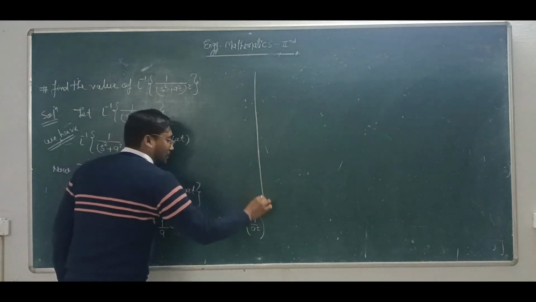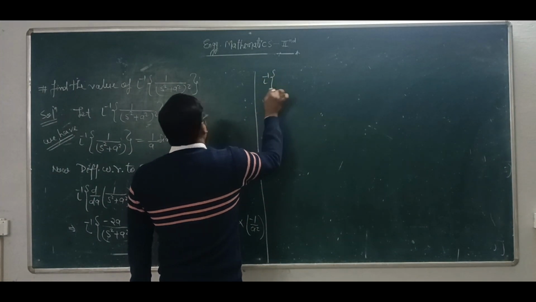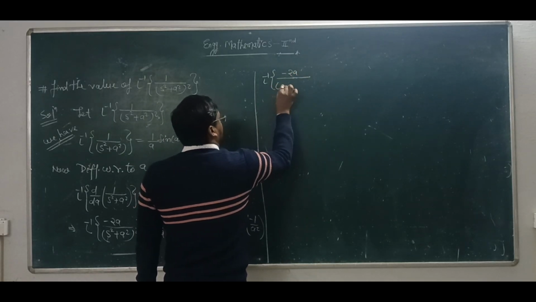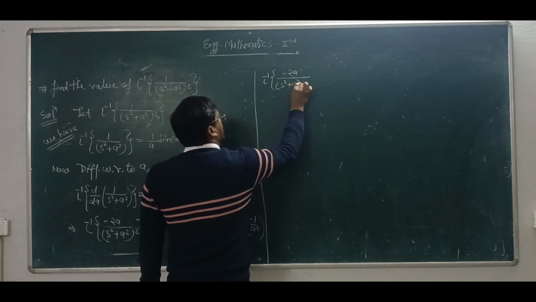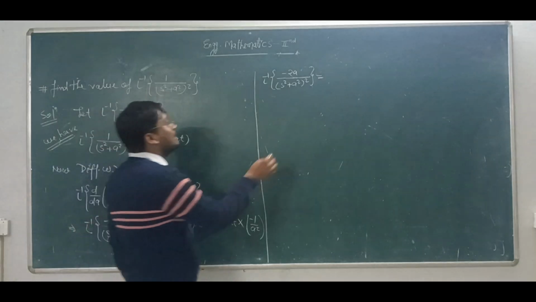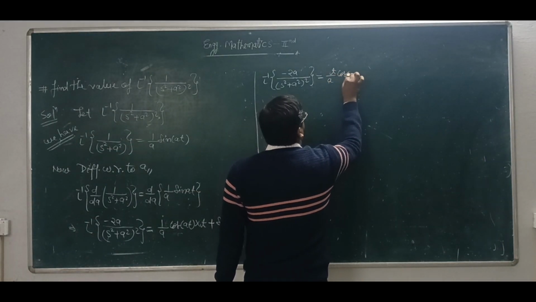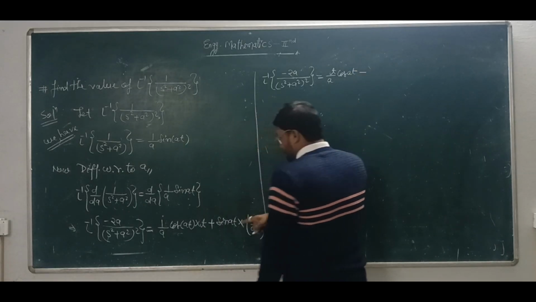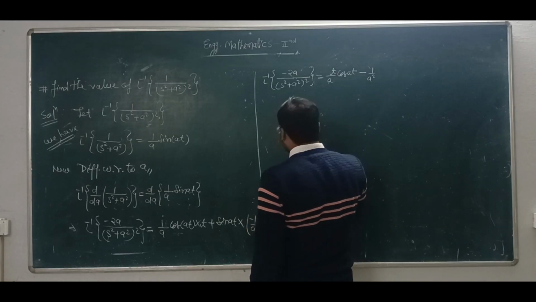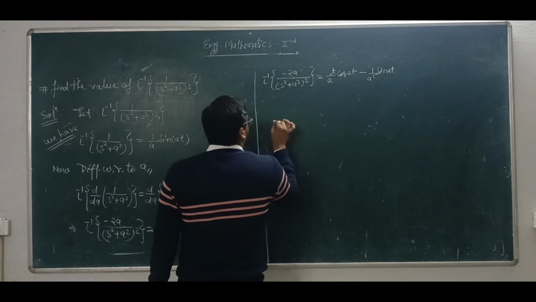Now you write this: inverse Laplace of minus 2a upon (s square plus a square) to the power 2 is equal to t by a cos at minus 1 upon a square sin at. Now you solve this.